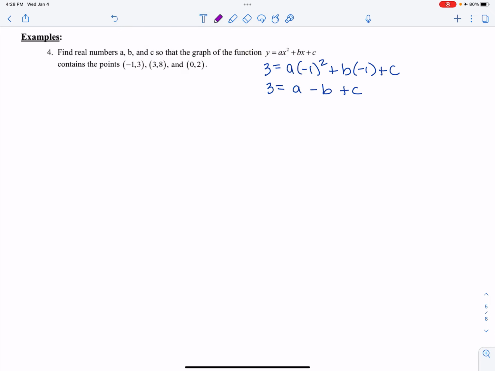And then we've got 8 equals a times 3 squared plus b times 3 plus c. So 8 equals 9a plus 3b plus c.